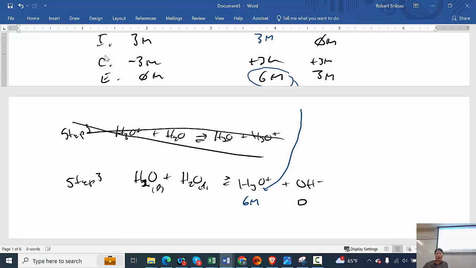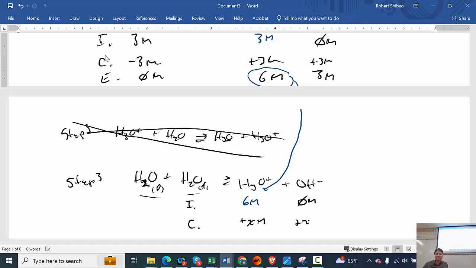But will I add a significant amount of hydroxide? And the answer is yes. So H2O is a pure liquid, so we ignore that. And so we're going to add an insignificant amount of hydronium because the initial amount is so large, it's 6 molar. And so X is going to be insignificant compared to 6.